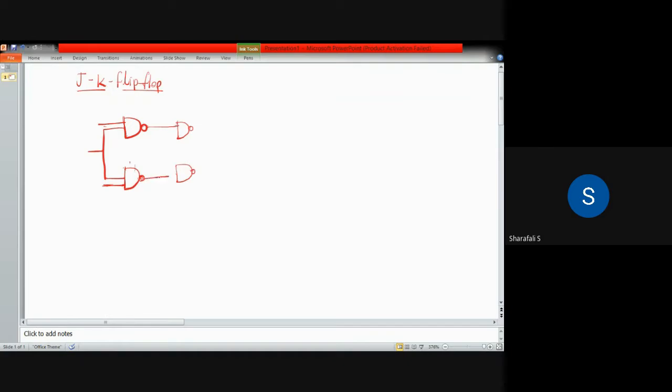Output is set, and this output of this NAND gate I have to break.